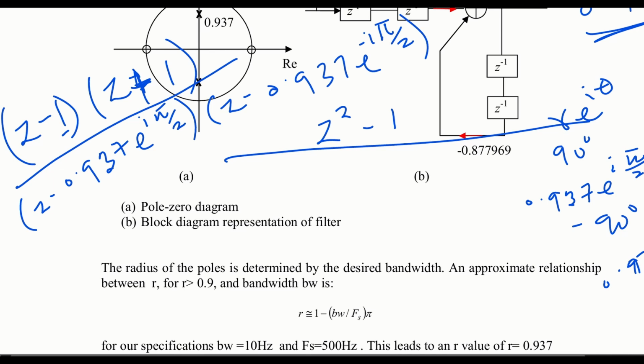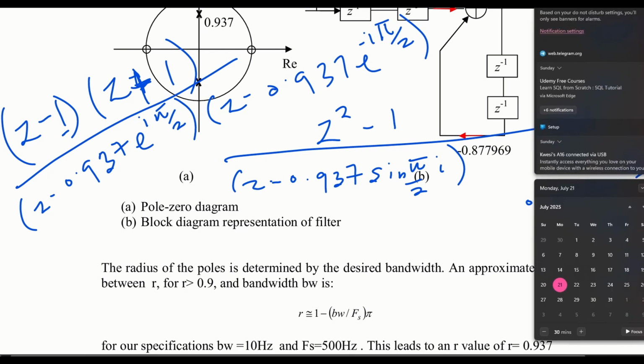Cos of pi over 2 is 0, cos 90 is 0. So here can just be written as z minus 0.937 sine of pi on 2. Now this expression will have i attached to it because sine is imaginary, right?